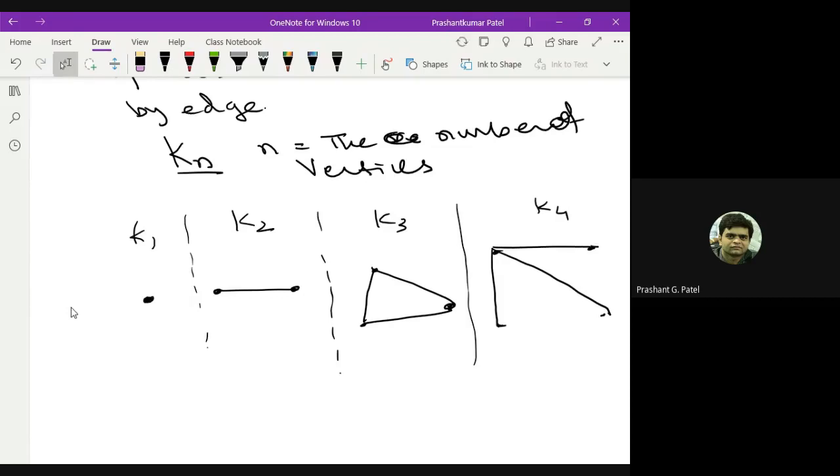Every pair of vertices has to be joined. So this is K4. Try to draw K5, K6 and K7 yourself. Try to draw all these figures of K5, K6 and K7.